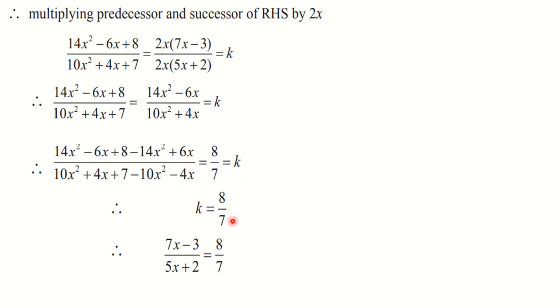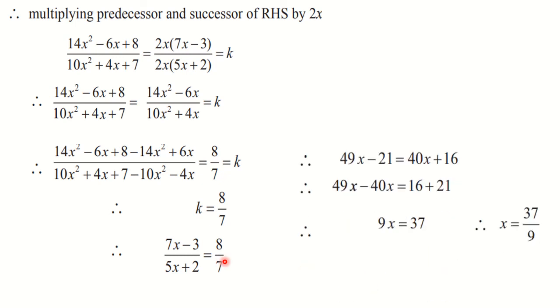Now see the original ratio. In the original ratio, this k is the same as 7x minus 3 upon 5x plus 2. So write them as equal and then go for cross multiplication to get the answer. 7 into 7x is 49x, minus 3 into 7 is minus 21. 5 into 5x into 8 is 40x, and 2 into 8 is 16.